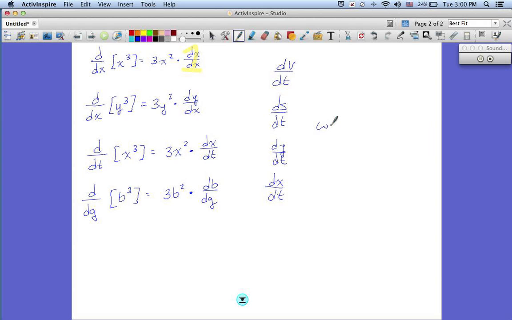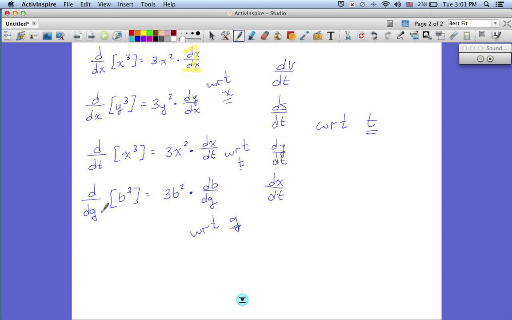With respect to t. This is with respect to x. This is with respect to t, and this is with respect to g.